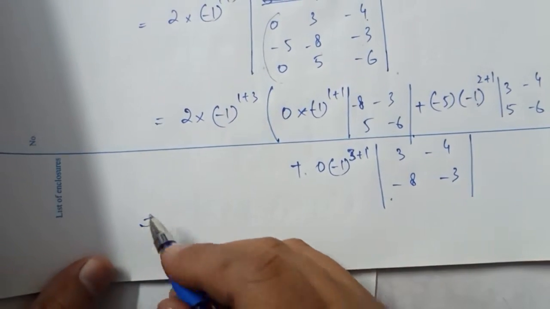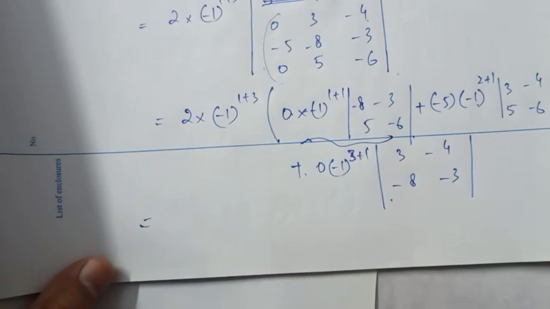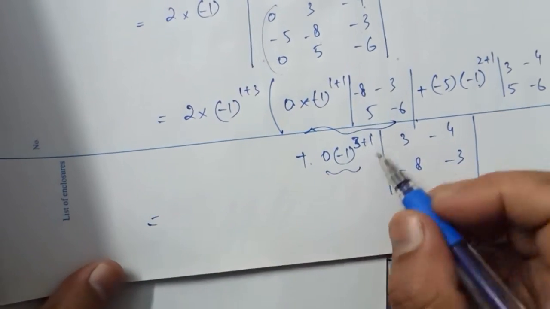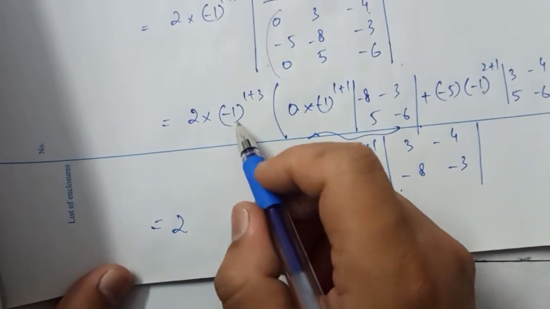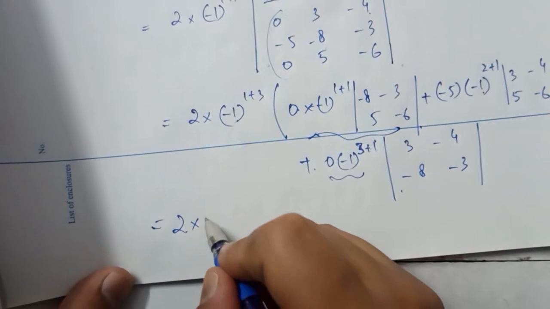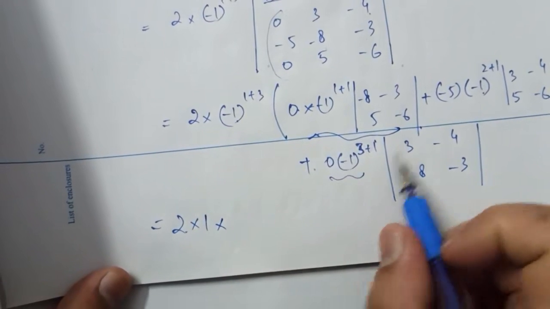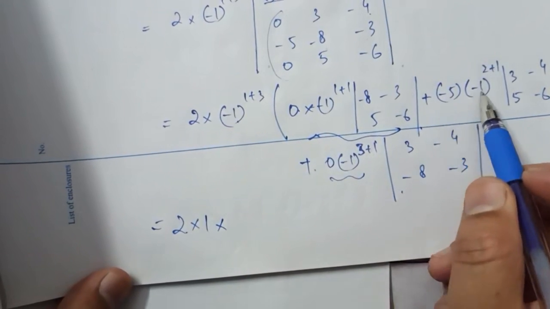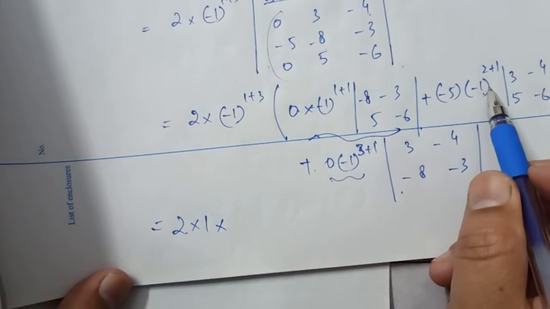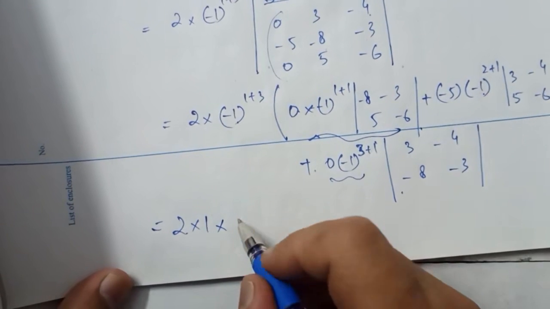And again see here, this one is 0 because it is multiplied by 0, this is 0 because it is multiplied by 0. The only thing you are left with here is minus 1 to the power 4, which equals 1, and minus 5 into minus 1 to the power 3 is minus 1, so it becomes plus 5.